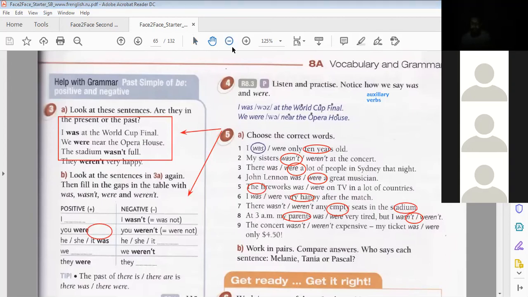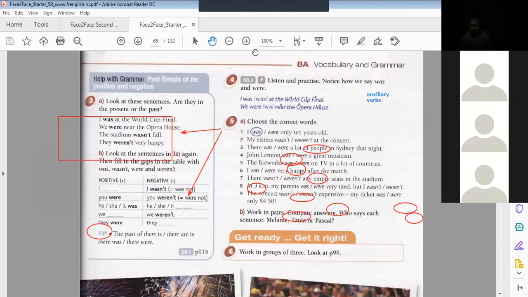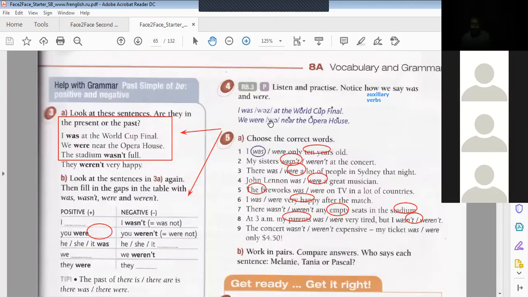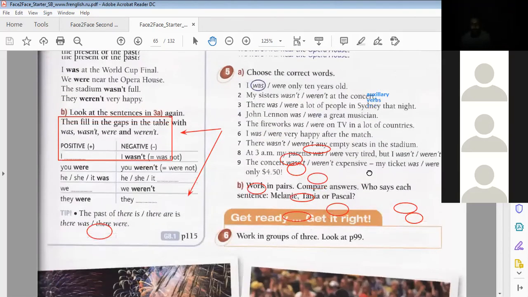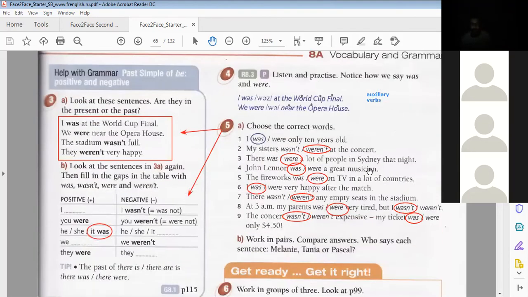What about number 4? John Lennon was a great musician. Who said this? Can you remember? No. Okay.